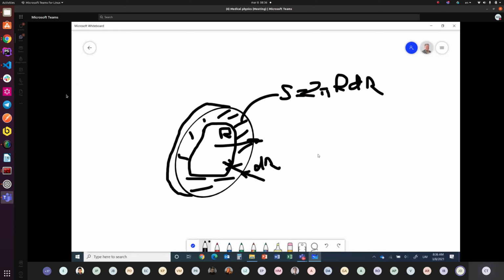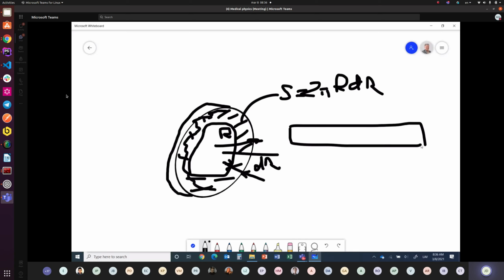What square, sir? You mean the area? Yeah. If, for instance, I cut this ring and extend it into a straight line, you see, this is the ring extended.